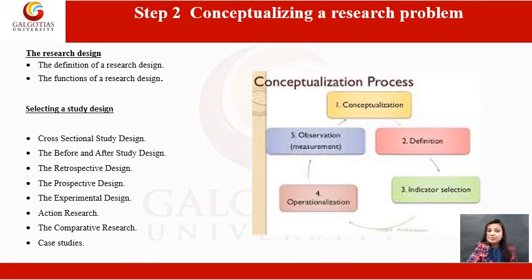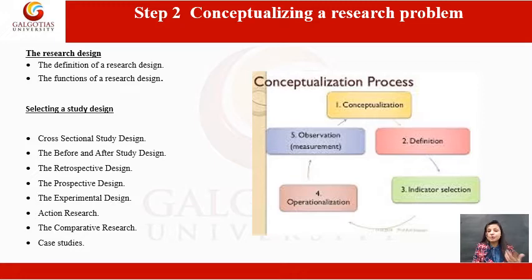A prospective design study refers to a study design in which the presence or absence of the exposure of interest is documented at a time period preceding the onset of the condition being studied. Such designs are often called cohort studies. And the others are action research and comparative studies.